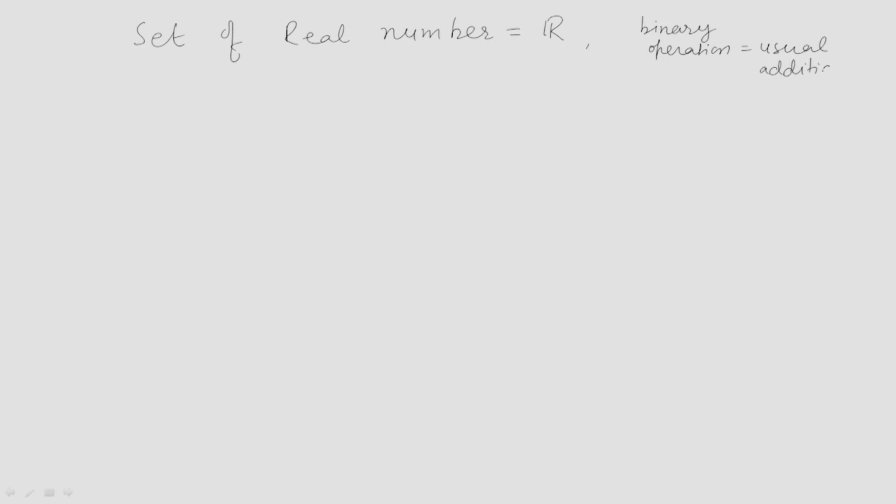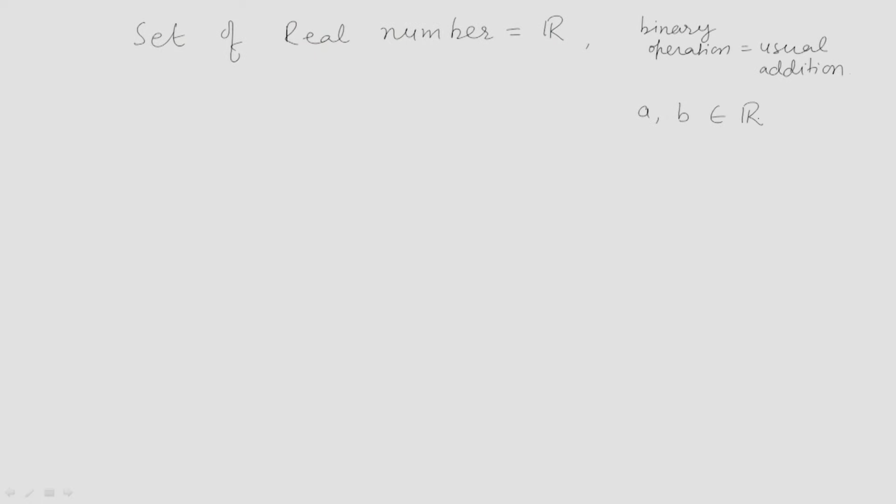So, we know that usual addition on the set of real numbers is a binary operation, because if you take any two elements A, B belongs to R, then A plus B, if we are denoting usual addition by plus, is also in R for all A, B in R. So, that means this plus which is applying on the two elements A, B in R is a binary operation.